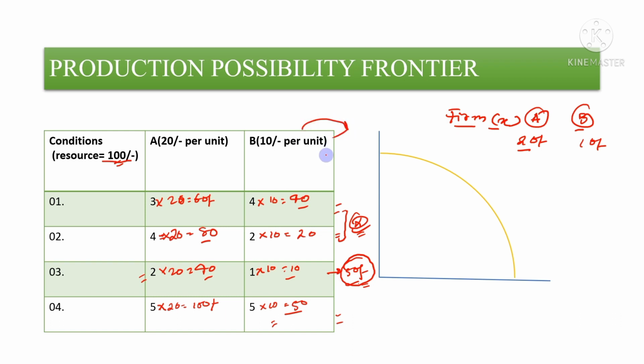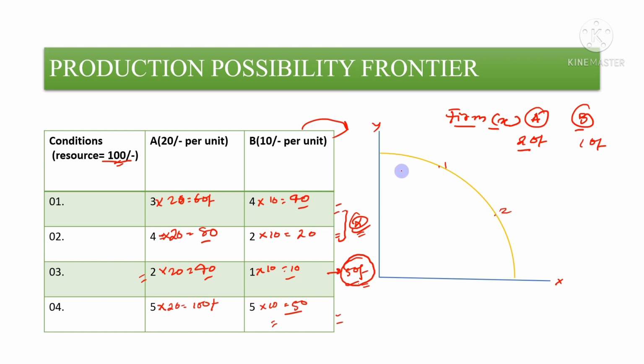suppose this is the x-axis and this is the y-axis. If we plot these examples in the graph, somewhere here we can find example number 1 that we have taken, and somewhere here we will find the second example.